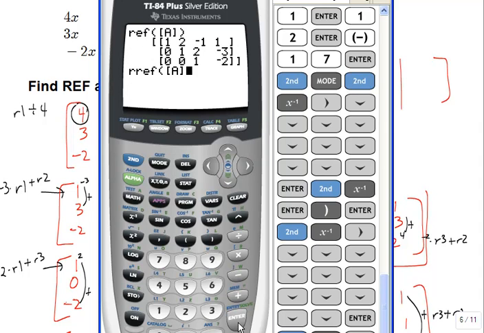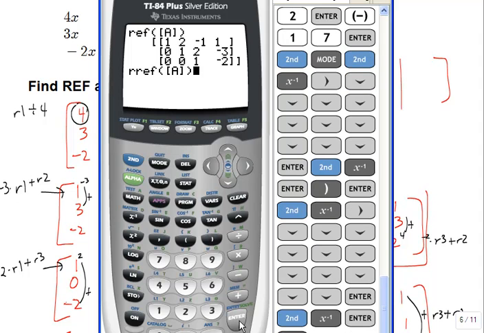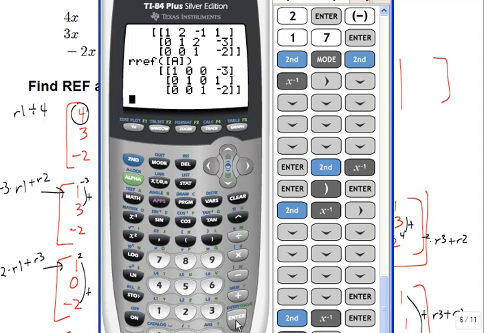So just hit enter, close your parentheses, and here is the row reduced echelon form with all those ones along the diagonal, zeros below and zeros above. So the solution to our system is just these numbers on the right side. So x is negative 3, y is 1, and z is negative 2. So using the calculator is a super quick, easy way to get your answer into these nice triangular forms.